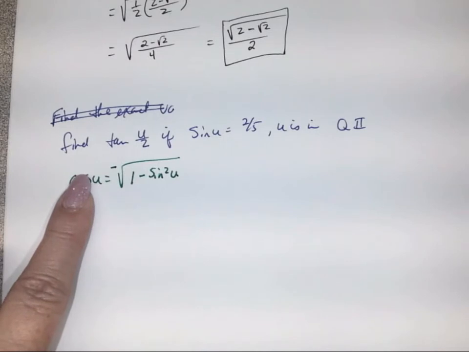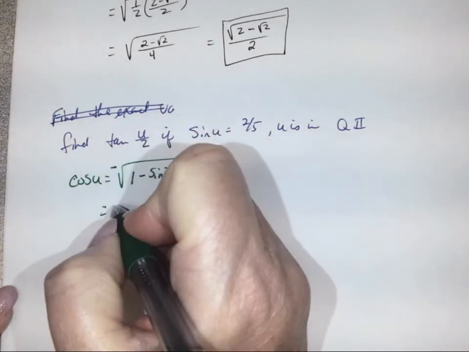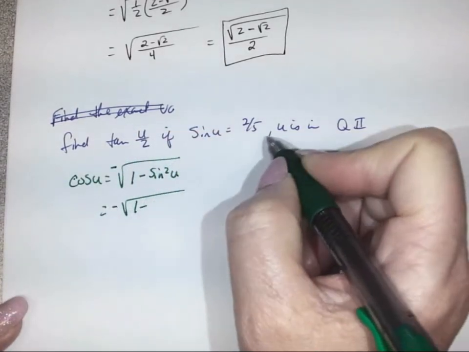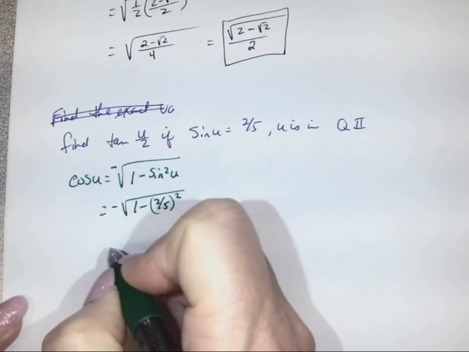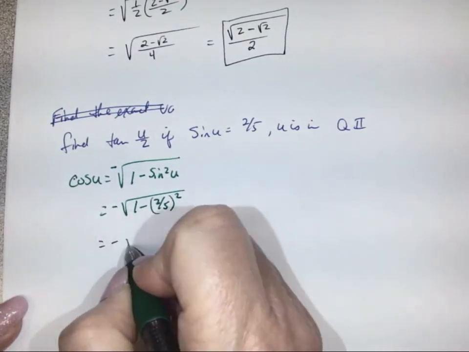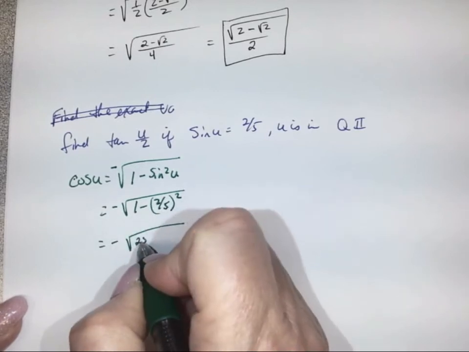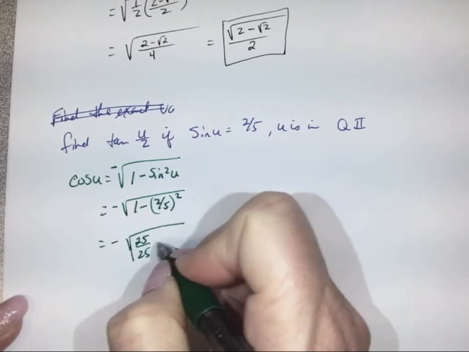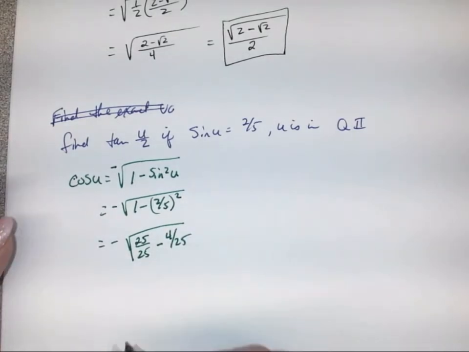So this would be cosine squared u is equal to 1 minus sine squared u, but we are going to take the square root of it. So this will be negative square root of 1 minus, our sine is 2/5 squared. So this will end up being 4 over 25, so I'm going to write my 1 as 25 over 25 minus 4 over 25.